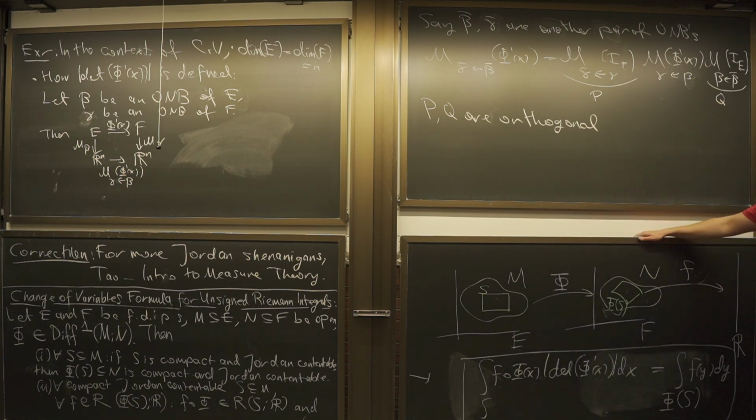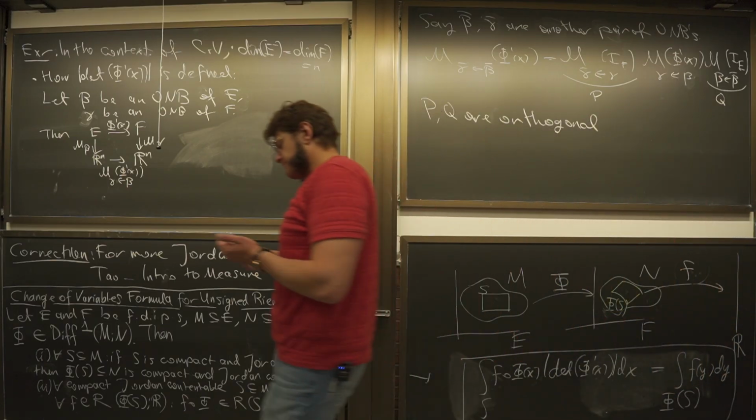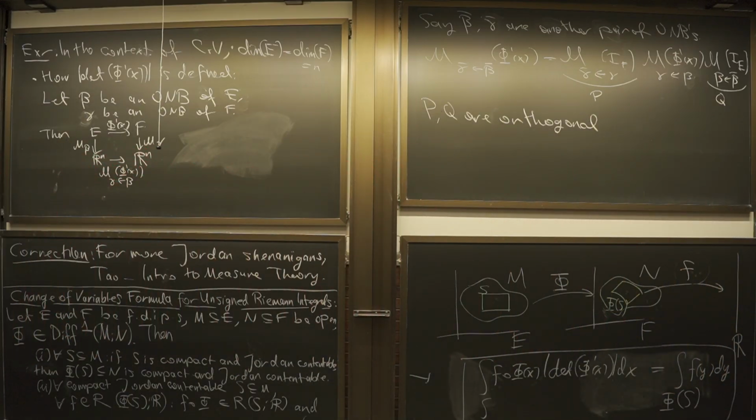Do you guys remember what it means for a square matrix to be orthogonal? We should have learned this in 2270. So for instance, something like a rotation, right? It means if you were to take the matrix and multiply it by its transpose, you get identity.